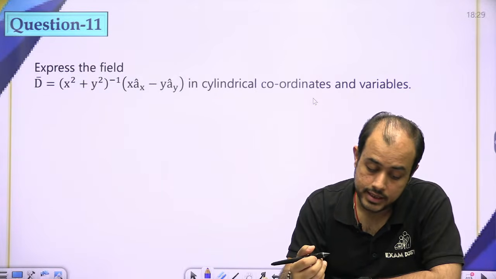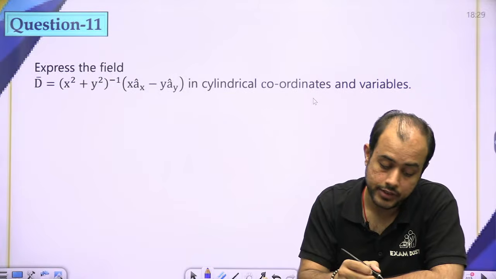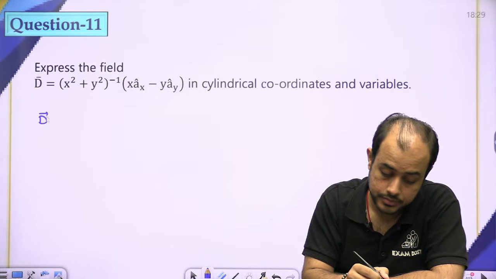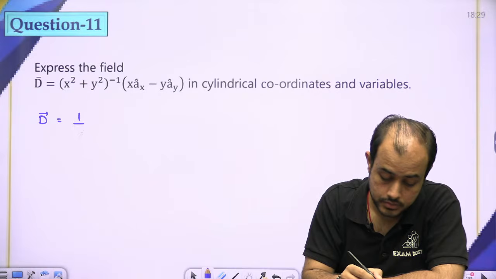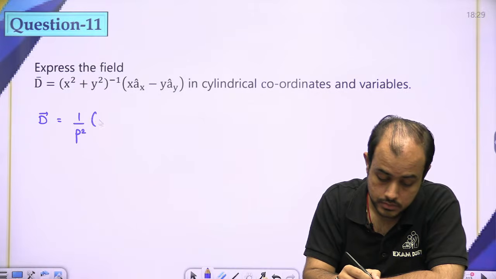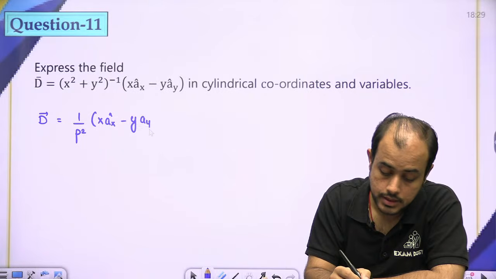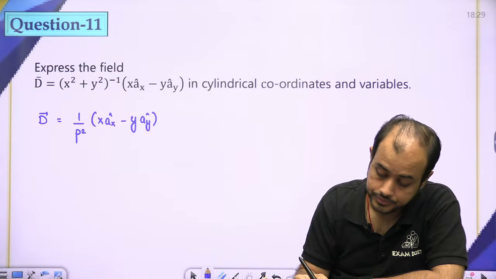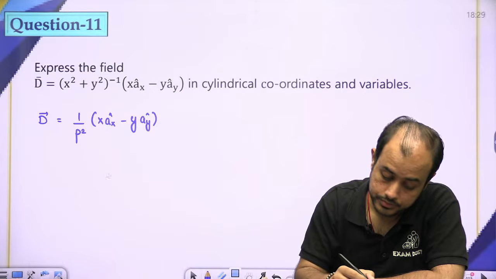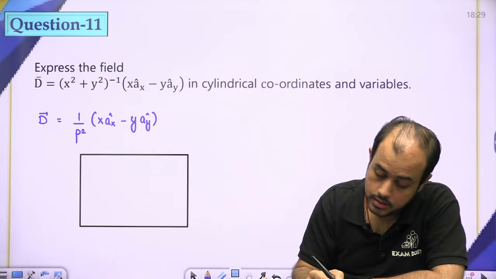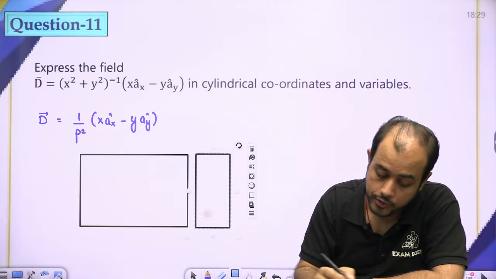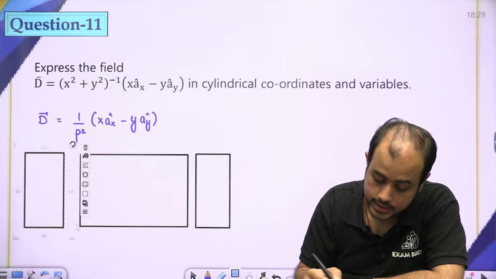Express the field in the cylindrical coordinate and the variable. So beta, I want to go from Cartesian to cylindrical.